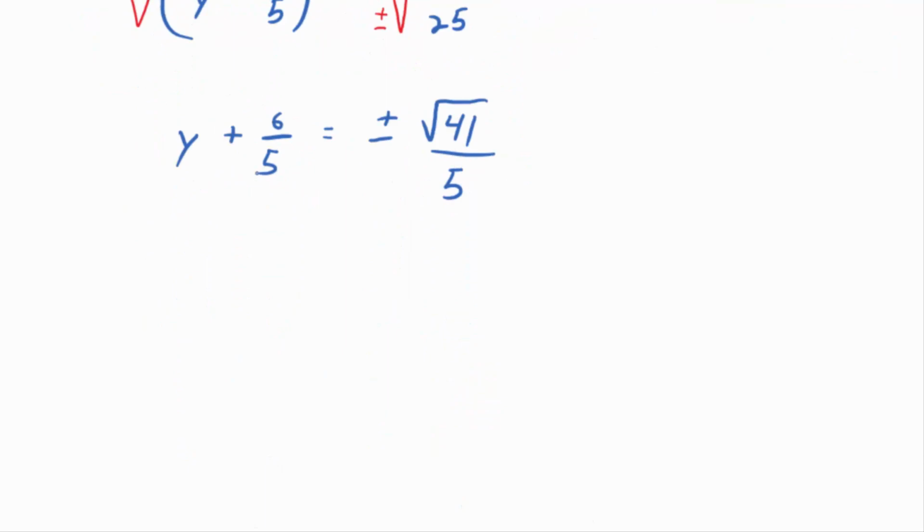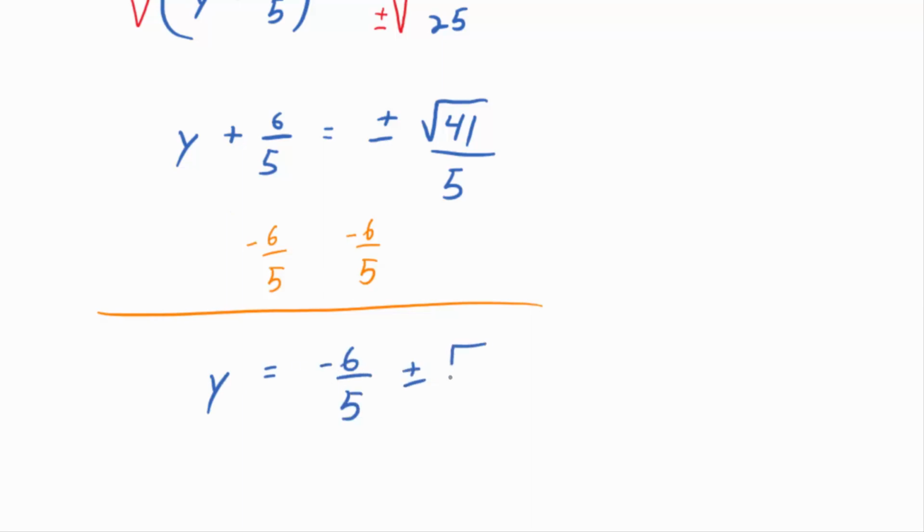And then finally, to isolate the y, what do you do to both sides? Subtract 6/5. So you get, as an exact answer, y equals negative 6/5 plus or minus root 41 over 5.